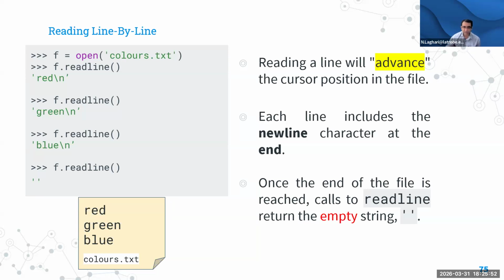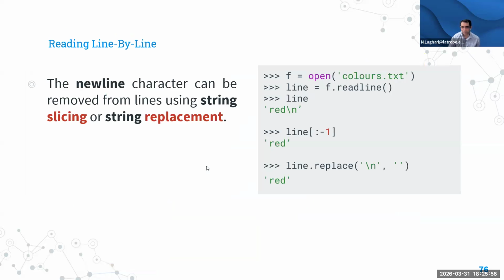So we can process that way. -1, yes. So this is the answer here, right? So we say start from the beginning and up to -1, excluding -1. So it will just give us the pure line without the new line character attached to it, right?